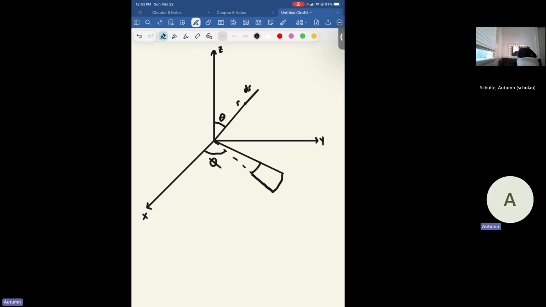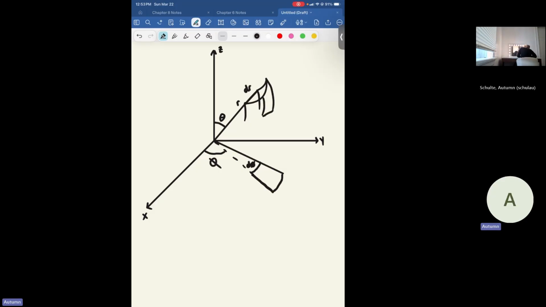This is going to make some change in phi here, d phi. And then these are going to project upwards and look something like this. And we can simply sweep our theta down like this.